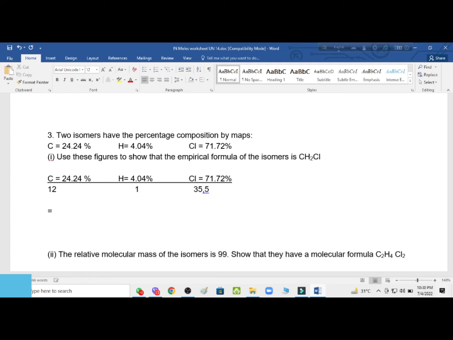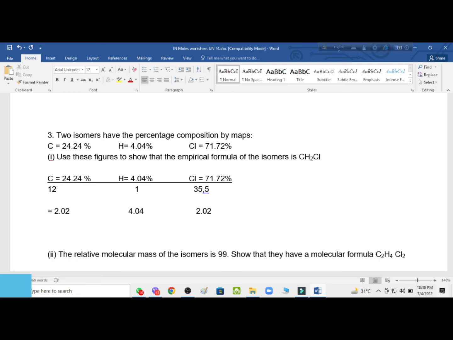What do you get for the first one? 24.24 divide 12, I get 2.02. And what do you get here? 4.04. And the last one, 71.72 to be divided by 35.5. What do you get here? 2.02.